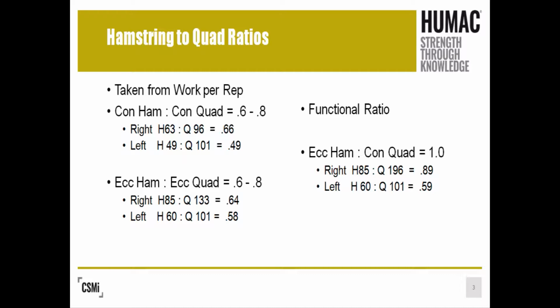So really not far off from that 0.6 that we're looking for. We pretty much get the same ratio if we look at his eccentric hamstring to his eccentric quad. But if we look at his functional ratio, he's only at 0.89 for the uninvolved and 0.59 for the involved limb. So this again shows us deficits that we wouldn't have picked up on unless we tested eccentrically.